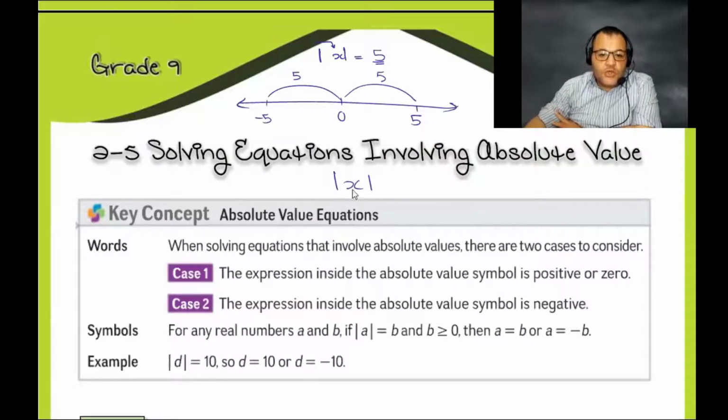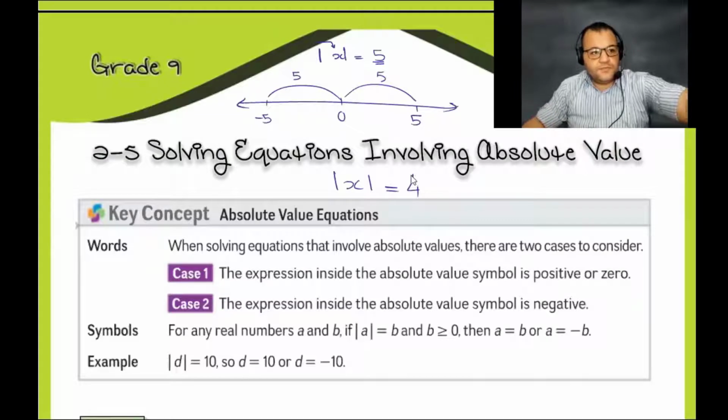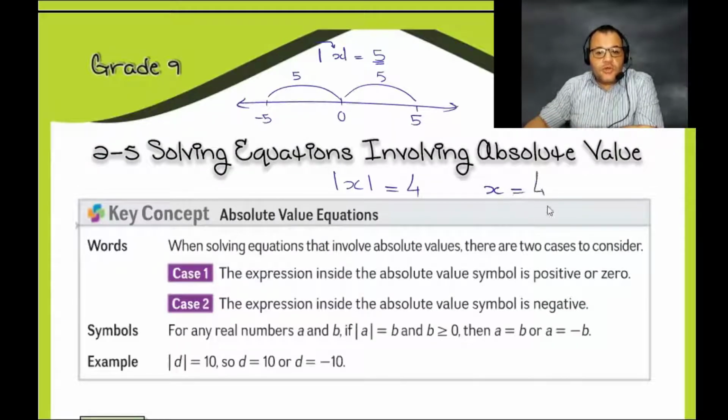So the distance from 0 to any number is 4 units. What is this number? This number could be 4, or this number could be negative 4.